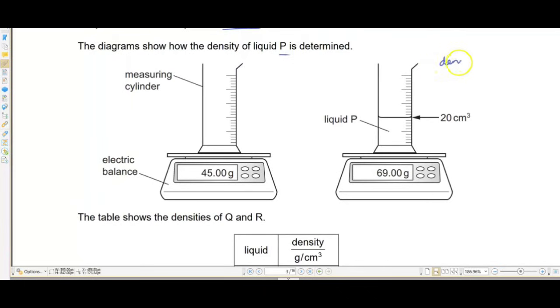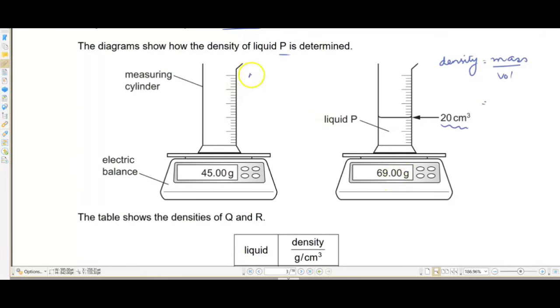Density can be calculated with the help of the formula: density is equal to mass over volume. We have a mass of 69 grams and a volume of 20 centimeter cubes, and the mass we have to calculate. The mass of this measuring cylinder without the liquid was 45 grams, and with the liquid is 69 grams.